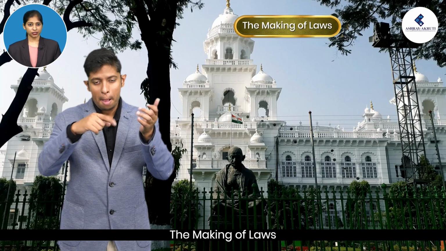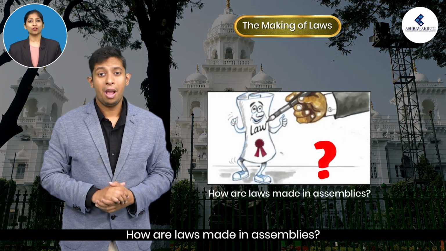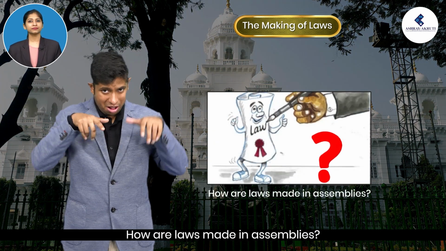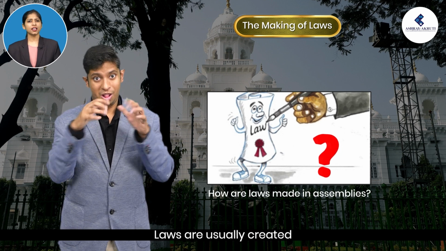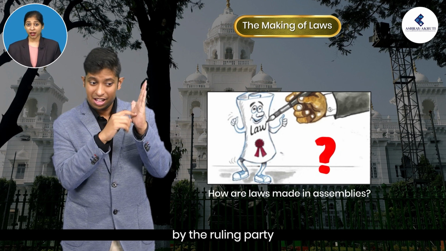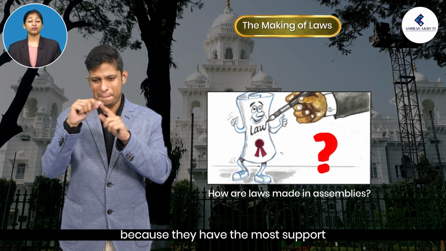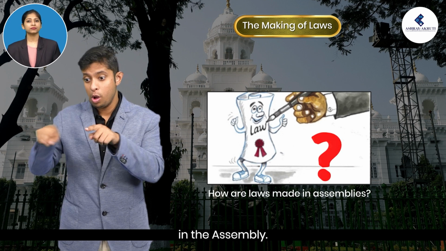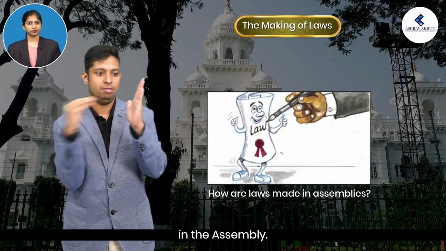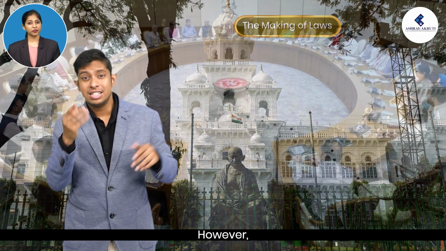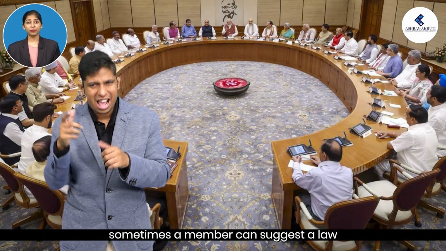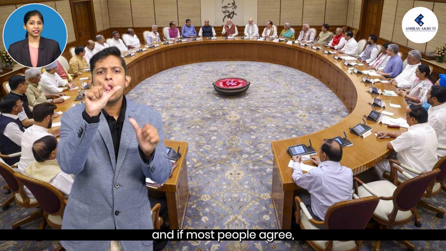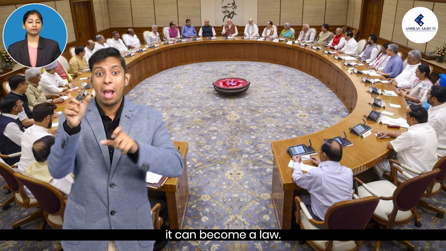The making of laws. How are laws made in assemblies? Laws are usually created by the ruling party because they have the most support in the assembly. However, sometimes a member can suggest a law, and if most people agree, it can become a law.